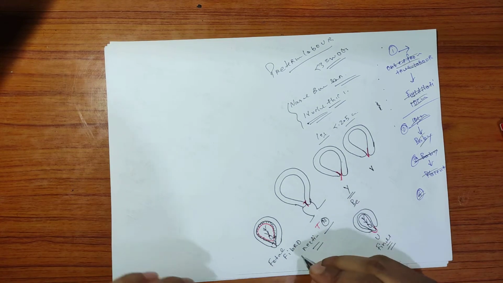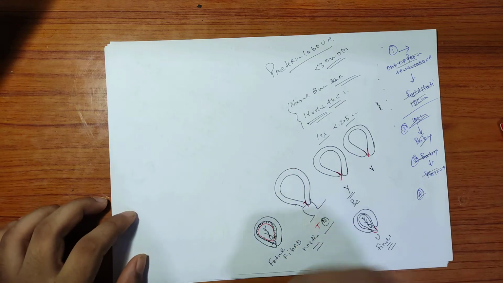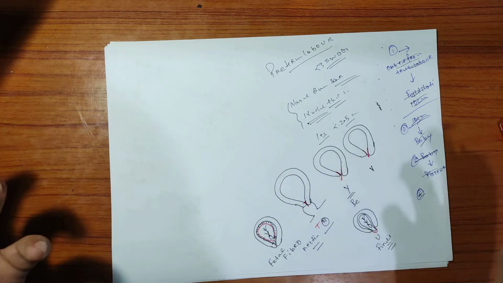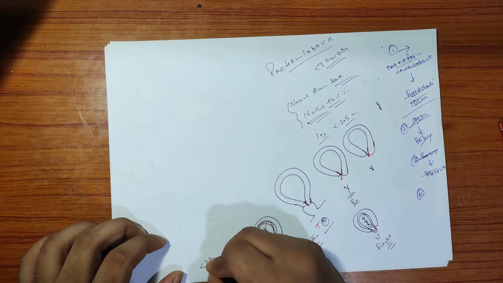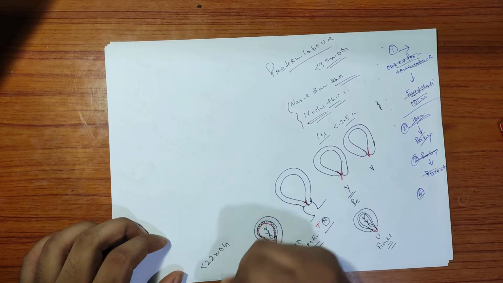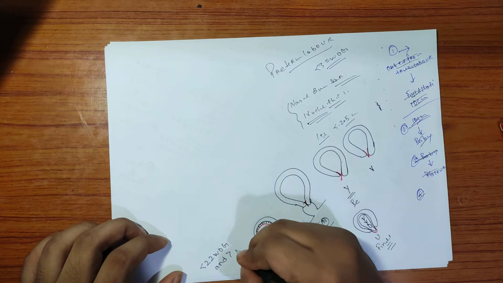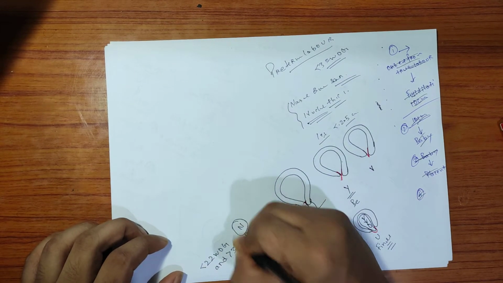Now if we are able to see this fetal fibronectin in the secretion, that means premature separation is happening, right? But remember, if you see it before 22 weeks of gestation, and after 37 weeks of gestation, that is normal.